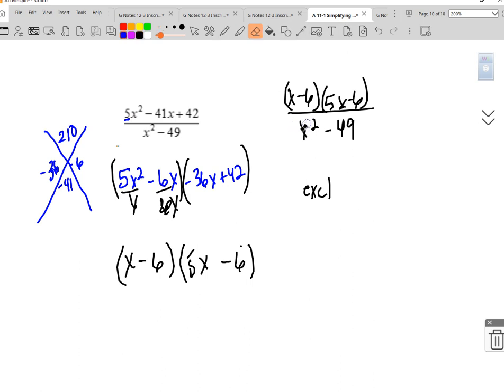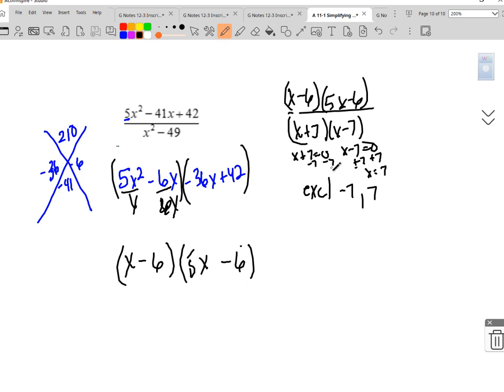So we're going to set it equal to 0. Subtract and subtract. One of the excluded values is going to be negative 7. Add and add. And 7. And right now it looks like there's nothing that can simplify from there.